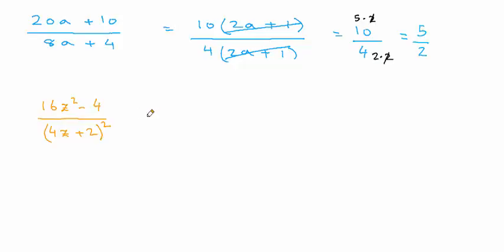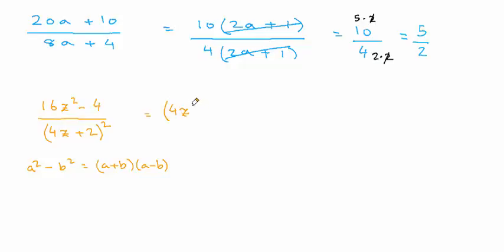Now if you look at the numerator, 16z squared minus 4, does it look like you could play some trick on it? Remember, a squared minus b squared equals a plus b times a minus b. We have 16z squared, which is the square of 4z, since 16 is the square of 4 and z squared is the square of z.